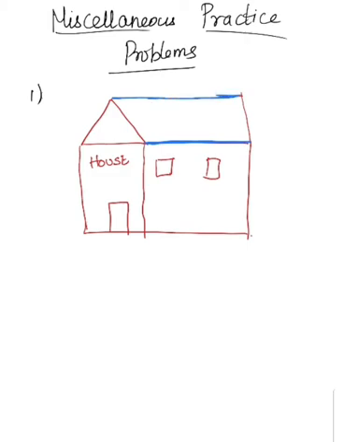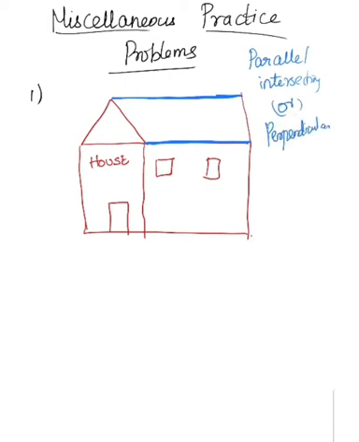I mark it in another color, then you can understand very easily. You have to find out whether it is parallel, intersecting or perpendicular.